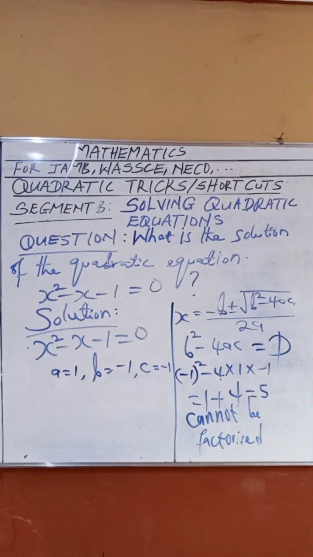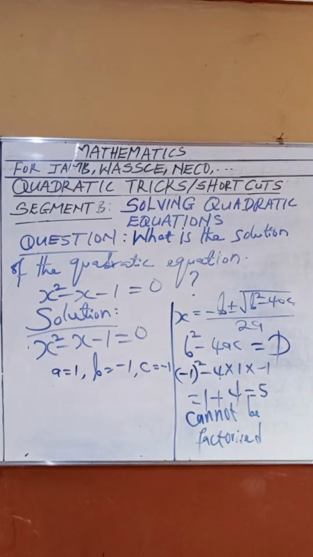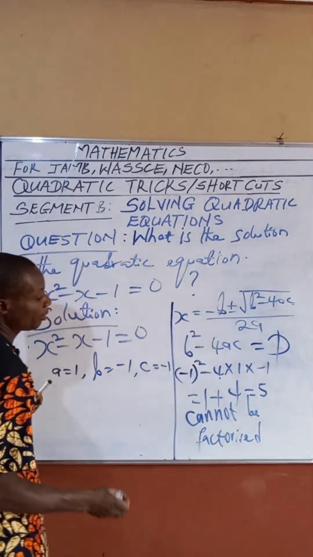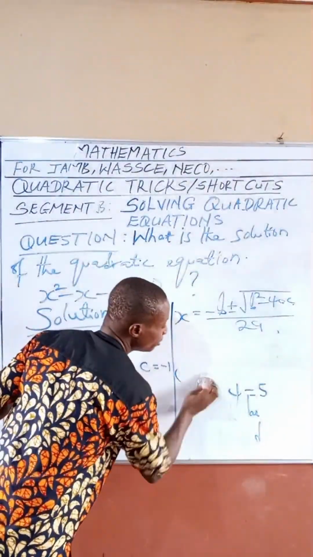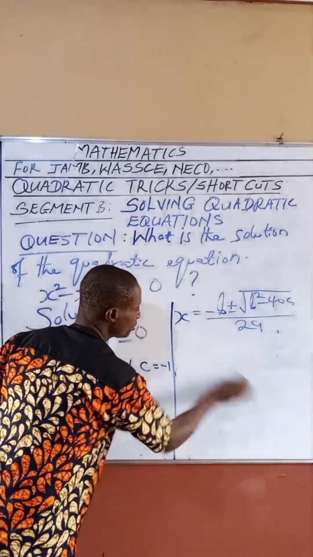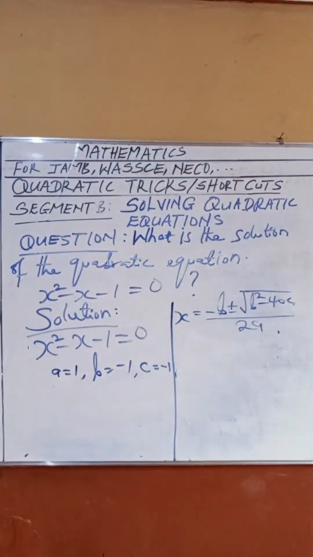Oh, thank you very much. Yes, you are correct. Yes, Boluwatife, Alasisi, you are very much correct. It's true. This is the general formula method. So we are going to use it to solve this problem since it is not factorizable.